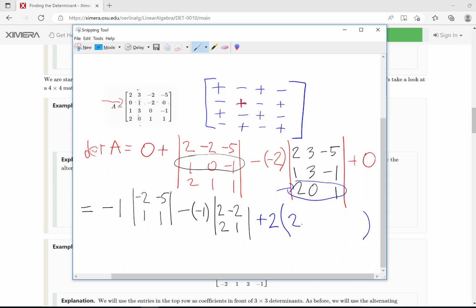Then I have 2 times the determinant of 3, -5, 3, -1. Again, these are pluses because of the checkerboard pattern. So I don't have a 0 there, so I don't need to worry about that. But I'll put plus 1 times the determinant of what matrix? Well, with that 1 go these numbers, 2, 3, 1, and 3.